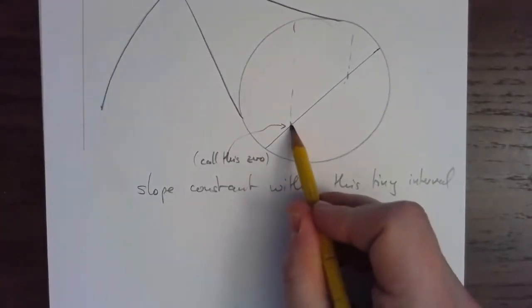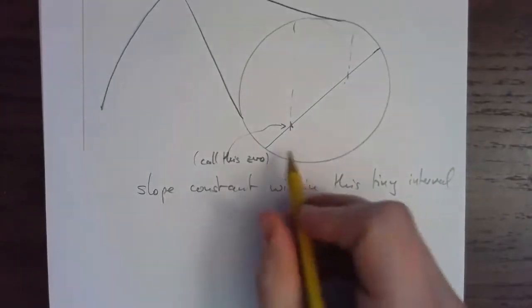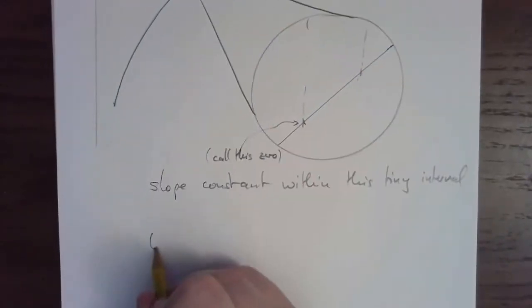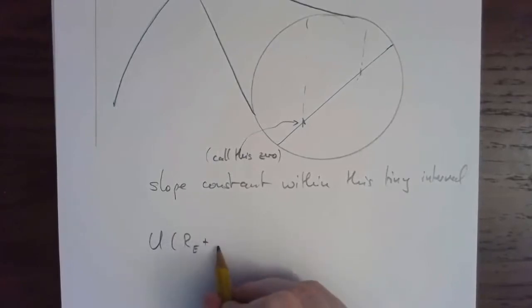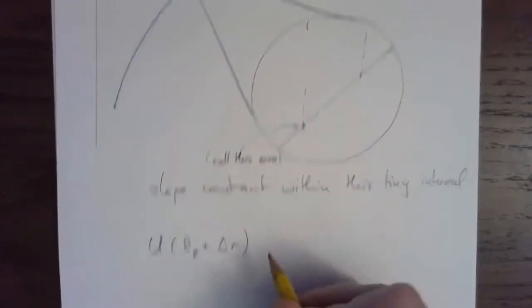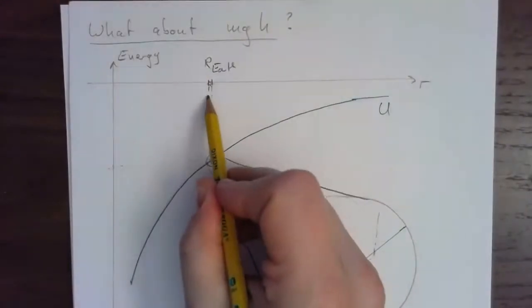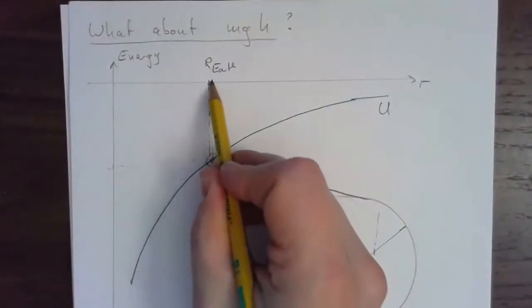So here I can say, let me write it down in a more technical way first. U, the potential energy at the surface of the planet, plus some tiny change. This width here is my delta r. I go from here to here, delta r.